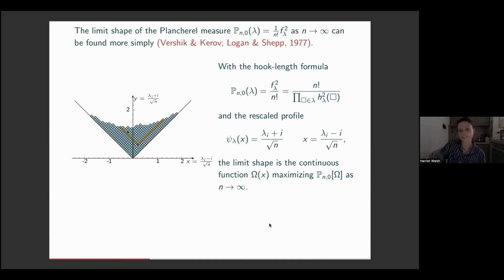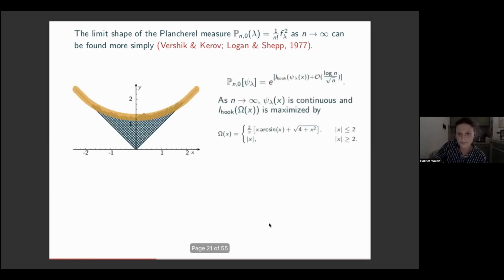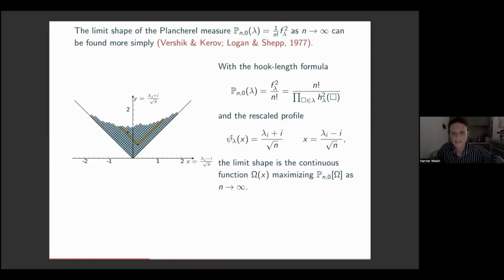And what they realized is that you could turn this into a functional analysis optimization problem by writing this hook integral using exactly the same representation as you'd use to find a fermionic configuration, a tilted Young diagram, or a Young diagram in Russian convention. Then you can describe this outer edge by a profile, which we call psi lambda.